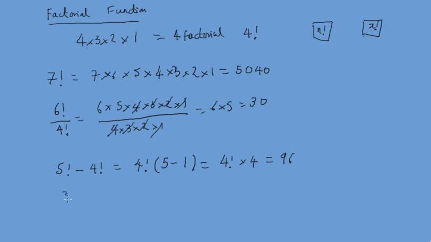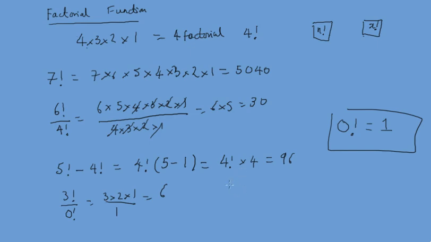And if you have 3 factorial over 0 factorial, that's 3 times 2 times 1 over 1, because 0 factorial is actually 1, and that equals 6.